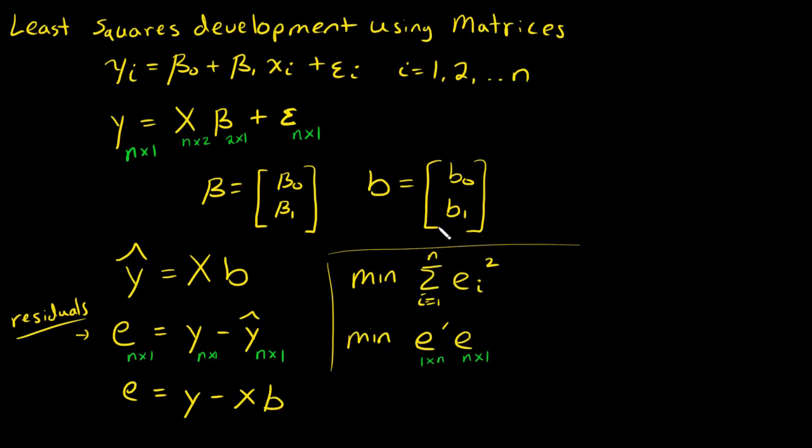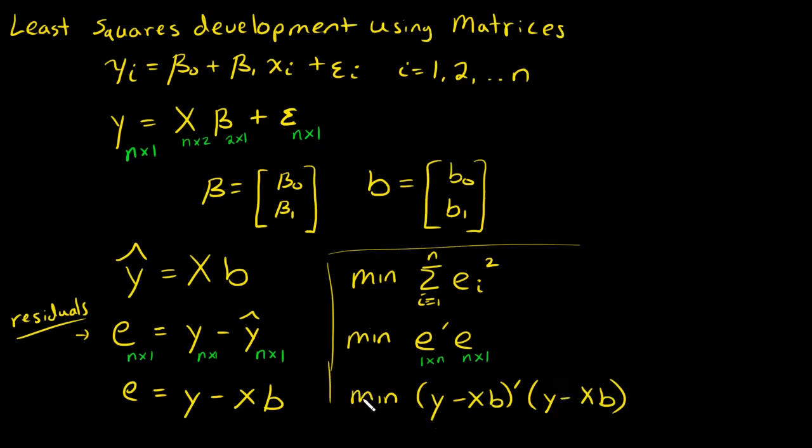In other words, we can plug in what e is. So basically we want to minimize (y minus Xb) transpose times (y minus Xb).